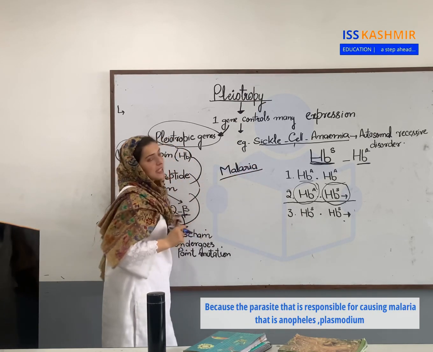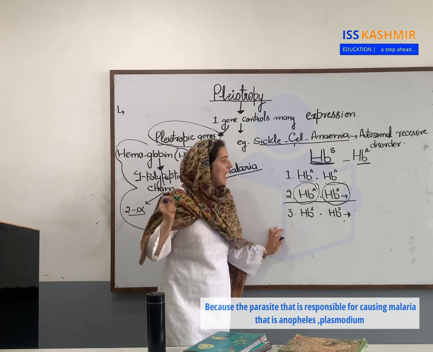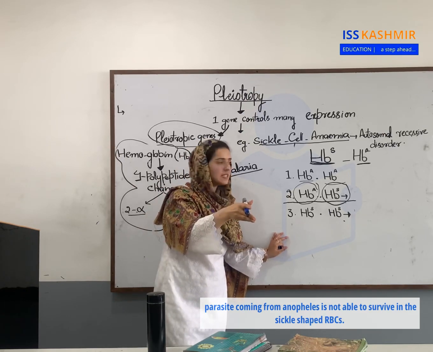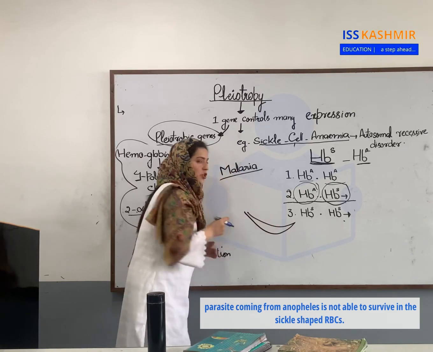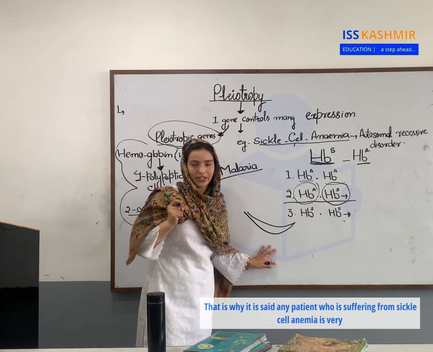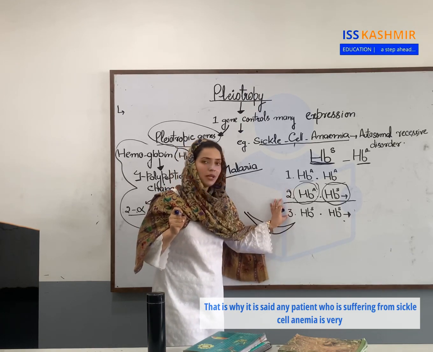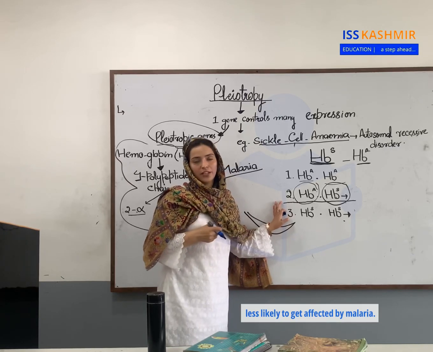Because the parasite responsible for causing malaria, that is the Plasmodium parasite coming from Anopheles, is not able to survive in the sickle-shaped RBCs. That is why it is said any patient suffering from sickle cell anemia is very less likely to get affected by malaria. That was all about pleiotropy.